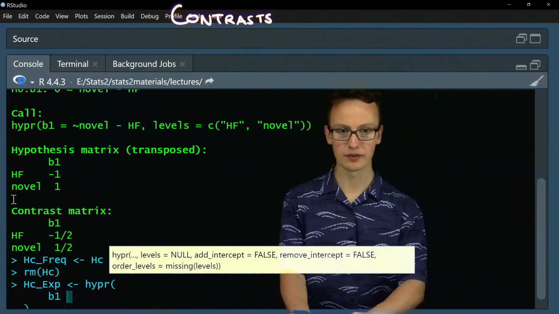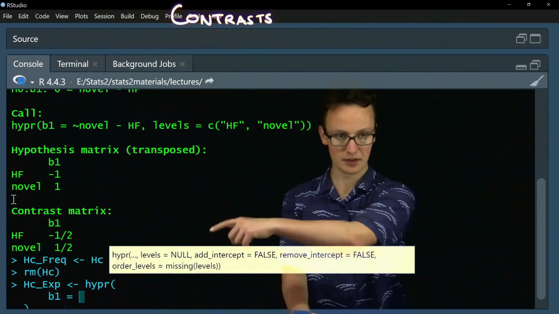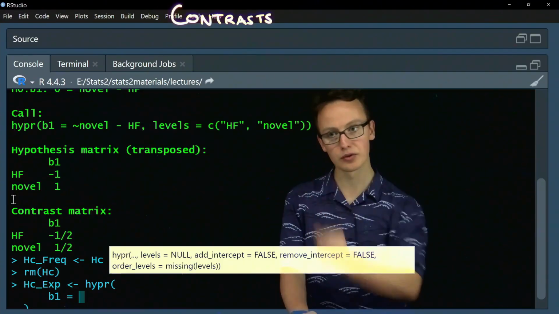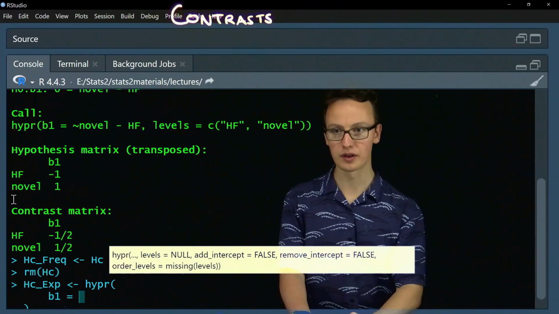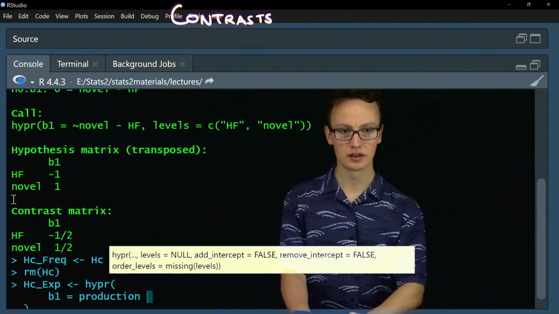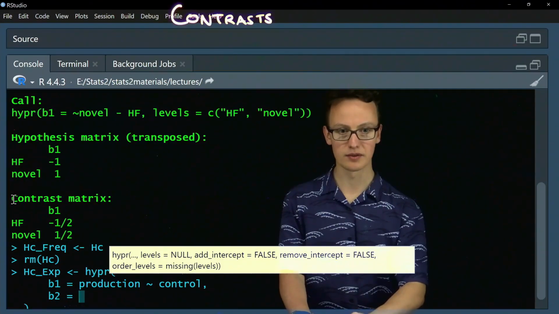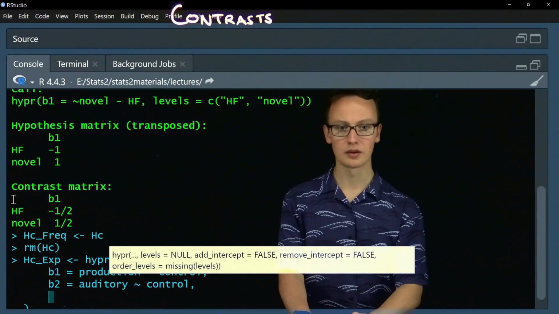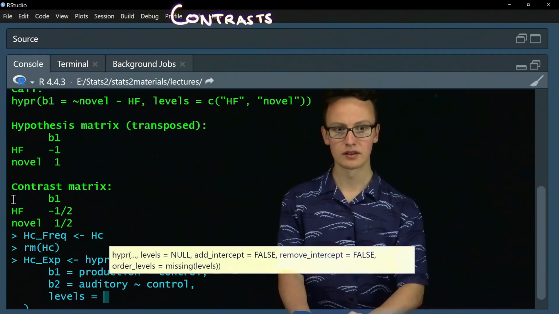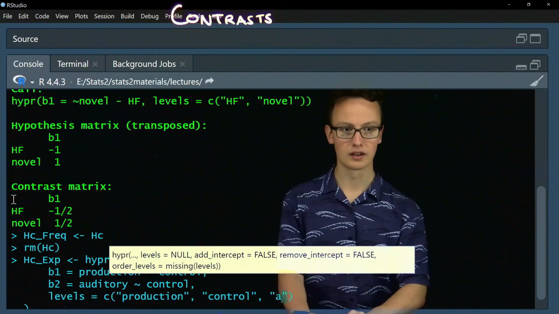And we're going to say the first beta, as we wrote it down previously, is going to represent the difference of the production condition versus the control. The second one is going to represent the difference of the auditory training condition against the control condition with no training. And we're going to say the levels here are the following three, so production, control, and auditory.